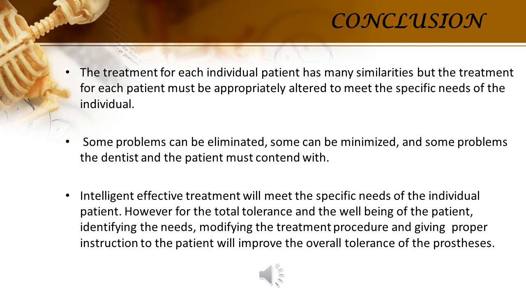Intelligent, effective treatment will meet the specific needs of the individual patient. However, for the total tolerance and well-being of the patient, identifying the needs, modifying the treatment procedure, and giving proper instruction to the patient will improve the tolerance of the prosthesis.